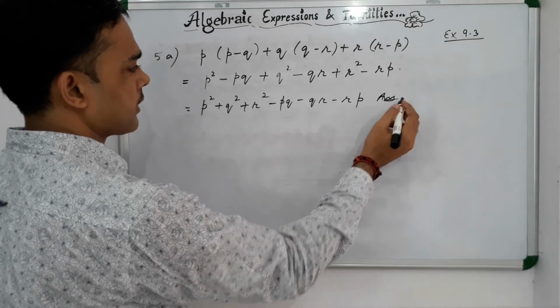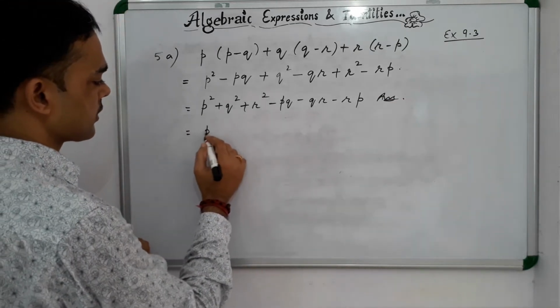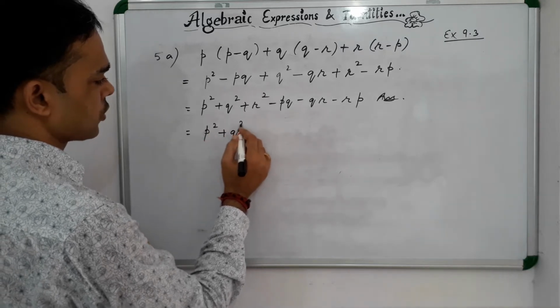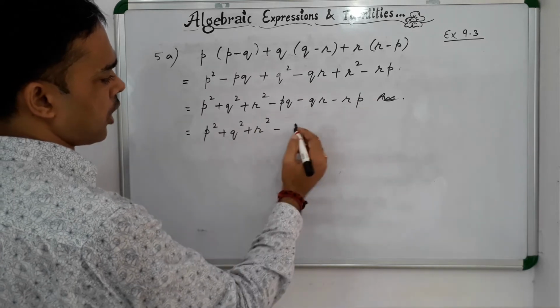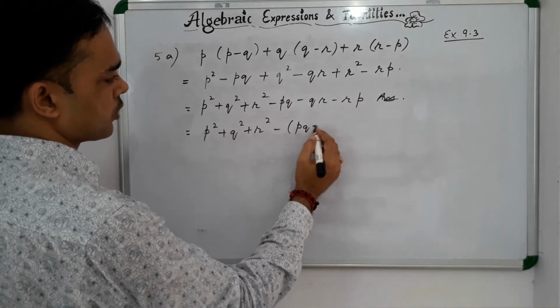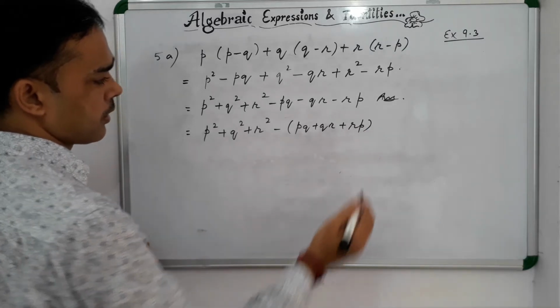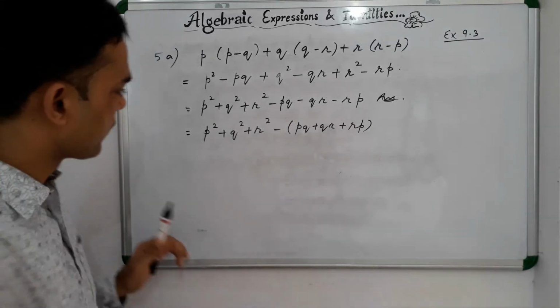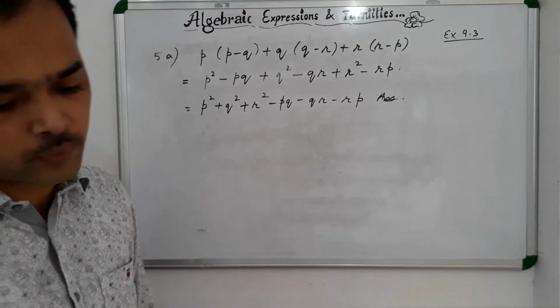In your standard, this is your answer, but this can also be written as P square plus Q square plus R square, now minus can be taken common, and then PQ plus QR plus RP. But in your class, this much is sufficient.